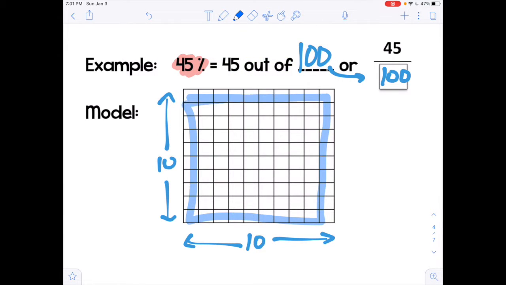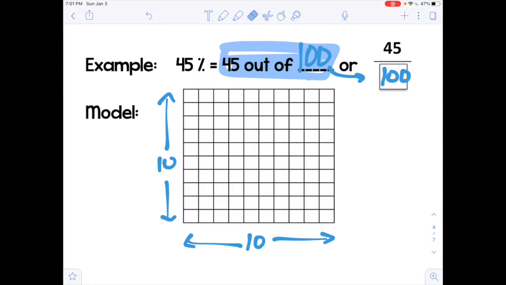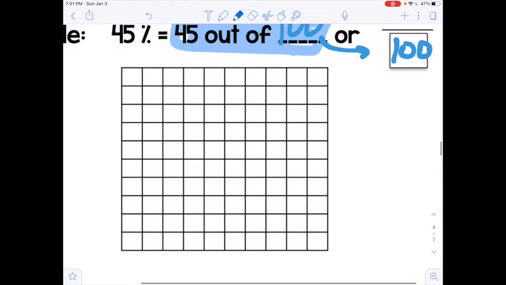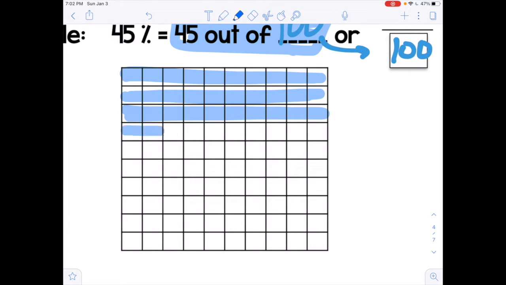If I'm going to color in 45% of this grid, I am going to color in 45 out of those 100. So the easiest way for me to do this is to think, well, if it's 10 long, then here's 10, plus 10 more is 20, plus 10 more is 30, plus 10 more is 40, and then I'm going to do them individually, 41, 42, 43, 44, and 45.